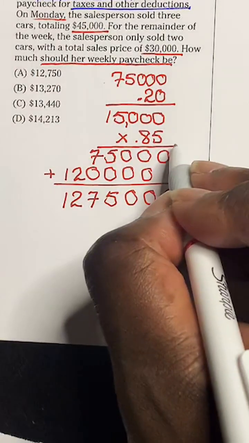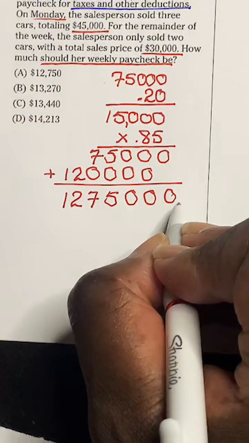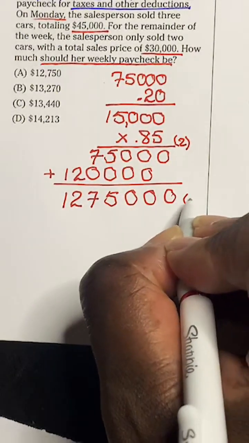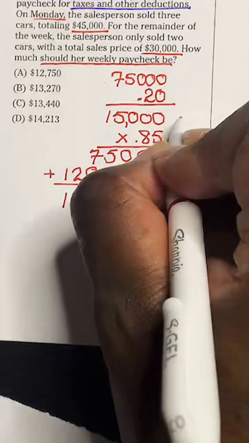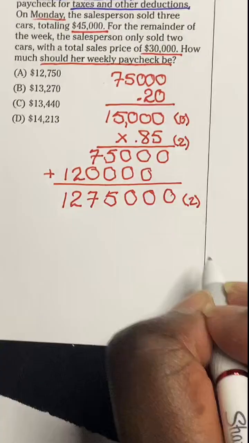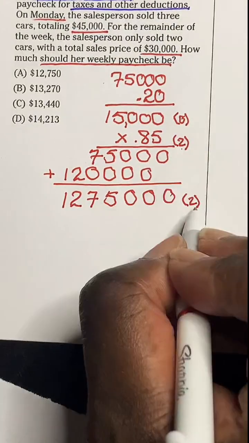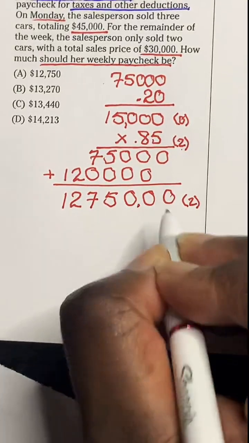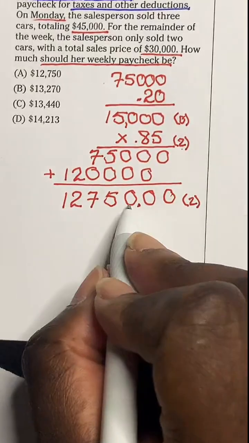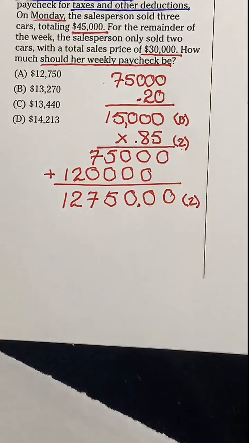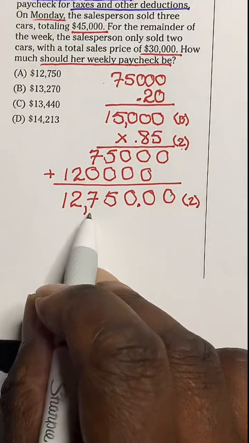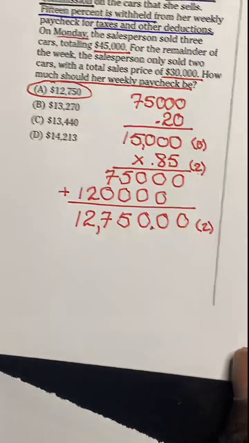Okay, so since this has 2 decimal places, that means my answer needs to have 2 decimal places. Okay, because this doesn't have any decimal places, but the other one does. So 0 plus 2 gives me 2. So 2 decimal places, 1, 2. That gives me a decimal point here between the first and the second 0. So I'm looking at 12,750, which is A.